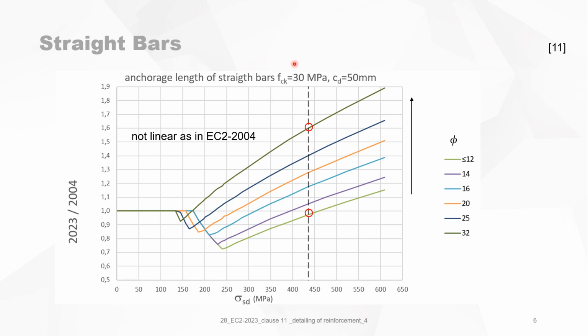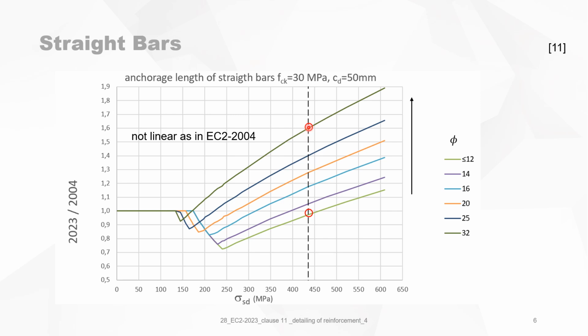When you have a concrete quality of 30 megapascal and CD is 50 millimeters, we take the same type of graph that we've seen in the previous slide. The dotted line is for 500 divided by 1.15 as steel stress. And this is then the ratio 2023 divided by 2004. And this is the increasing bar diameter.